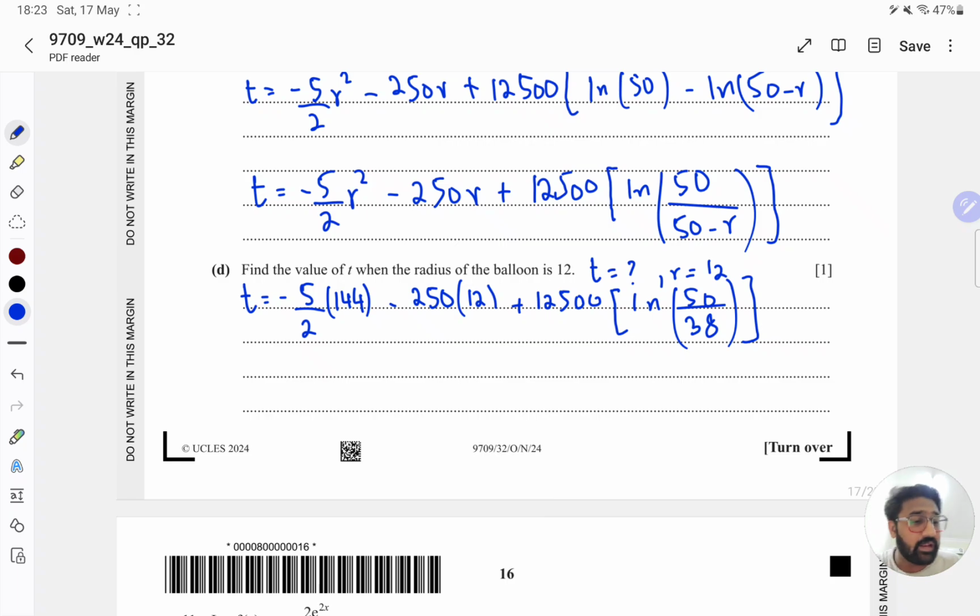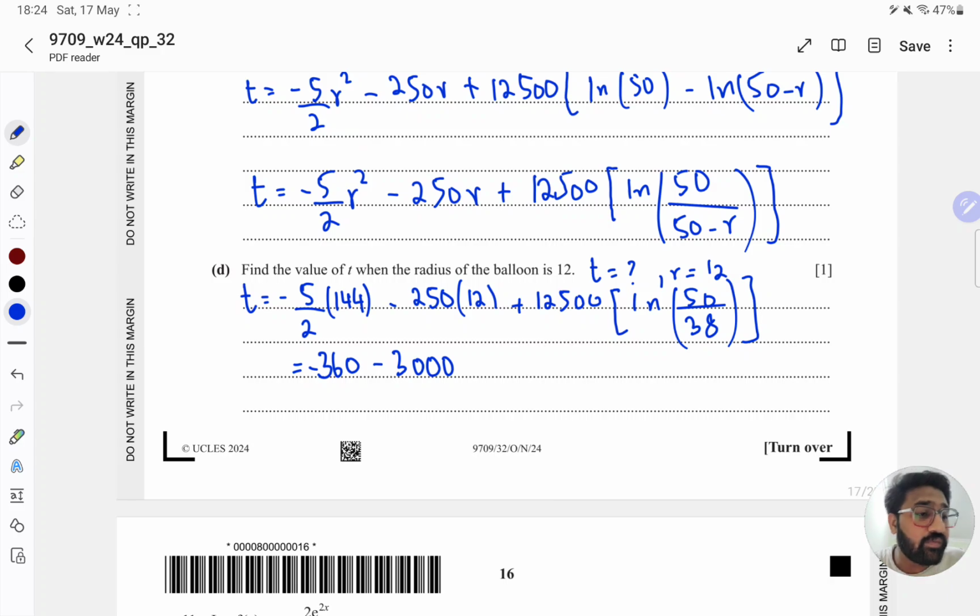Put this thing in the calculator. Minus 2.5 into 144 is minus 360. 250 into 12 is 3000, minus 3000. 12500 into ln of 50 over 38.